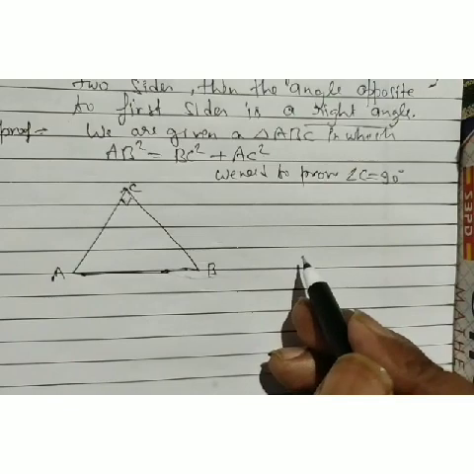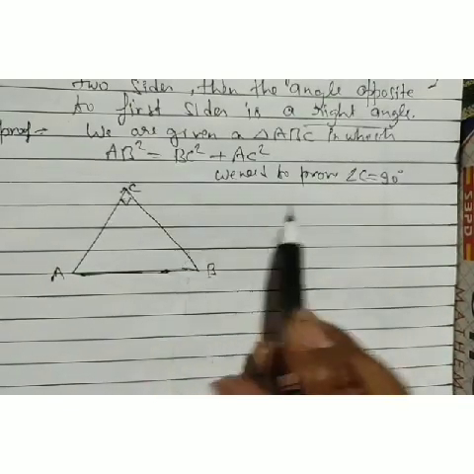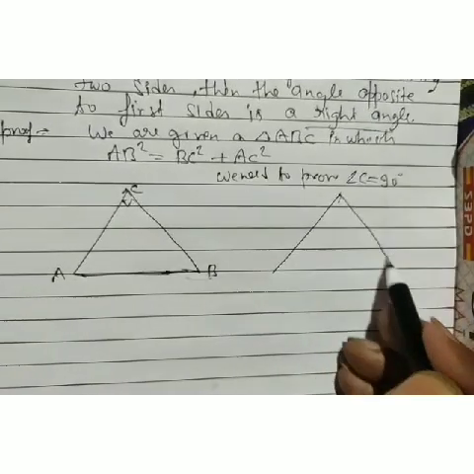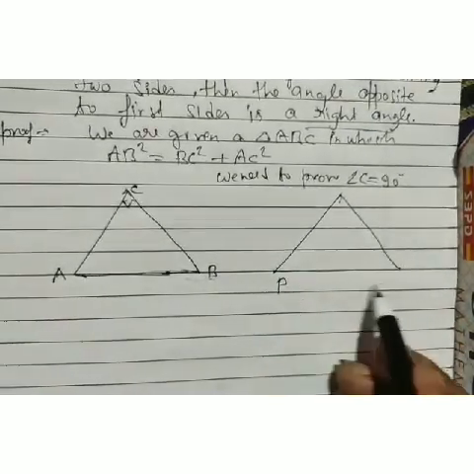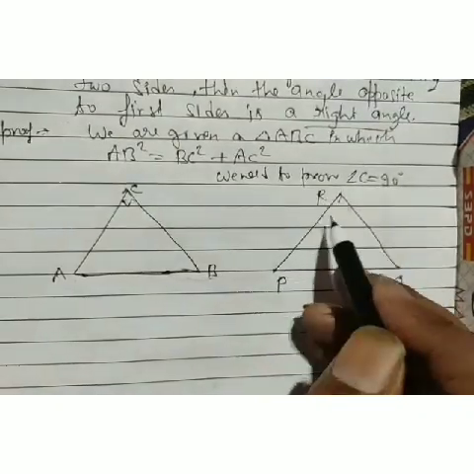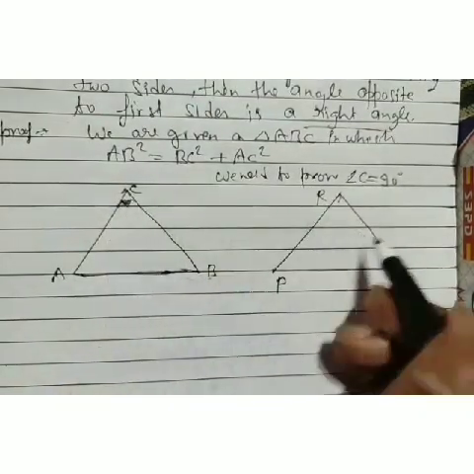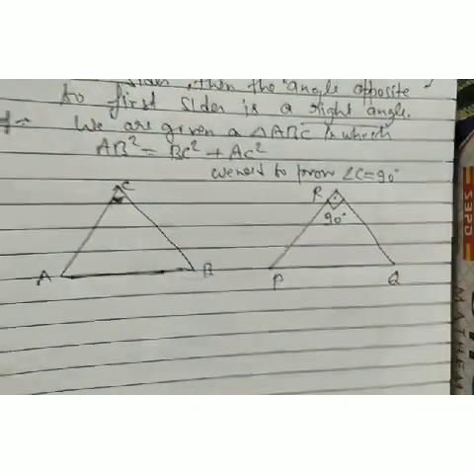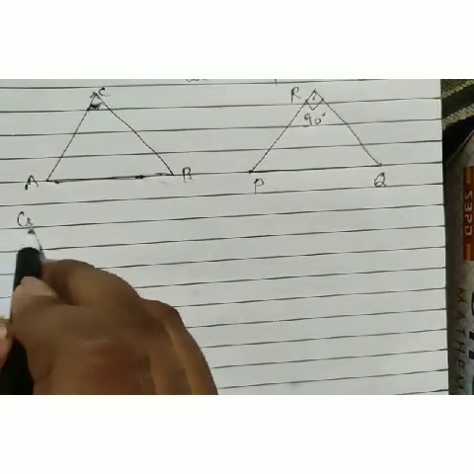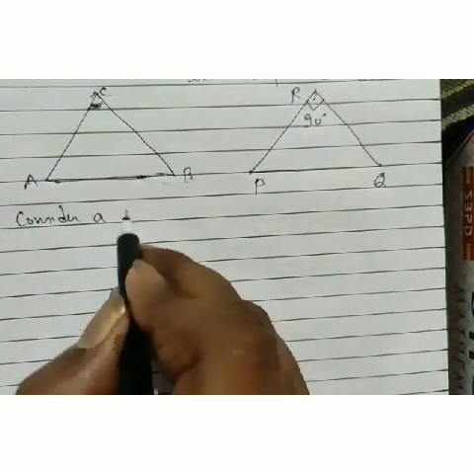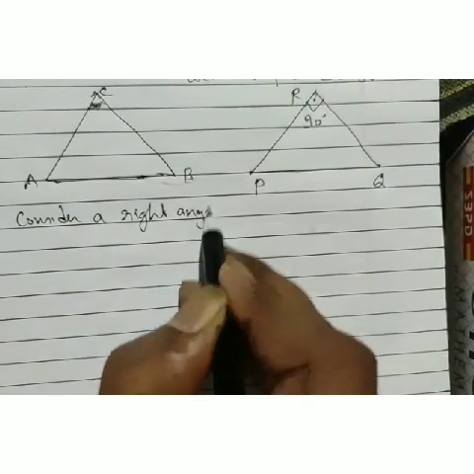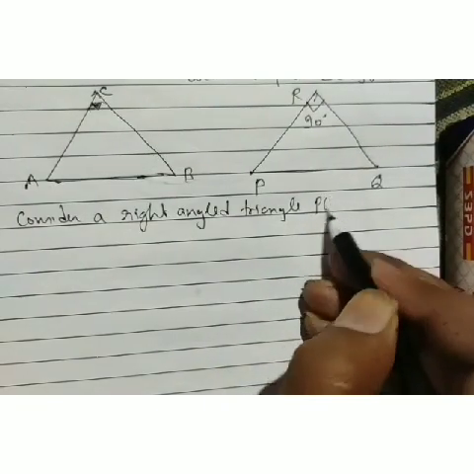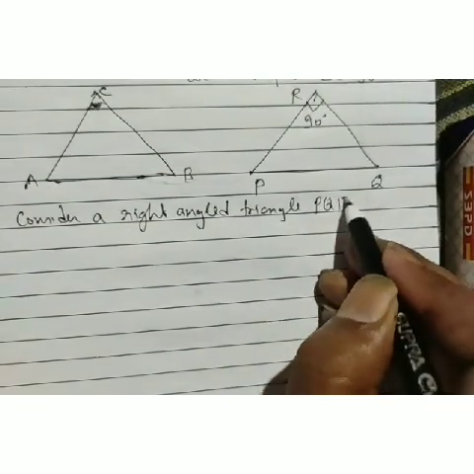We construct a right angle triangle PQR. Since we have to prove the angle is 90 degrees, we consider a right angled triangle PQR with the right angle at 90 degrees. How do we take PQR?